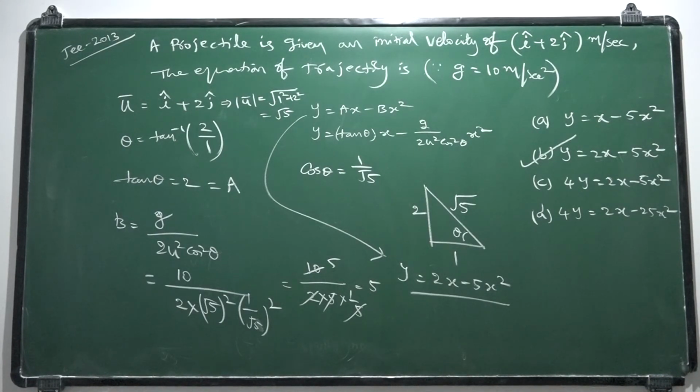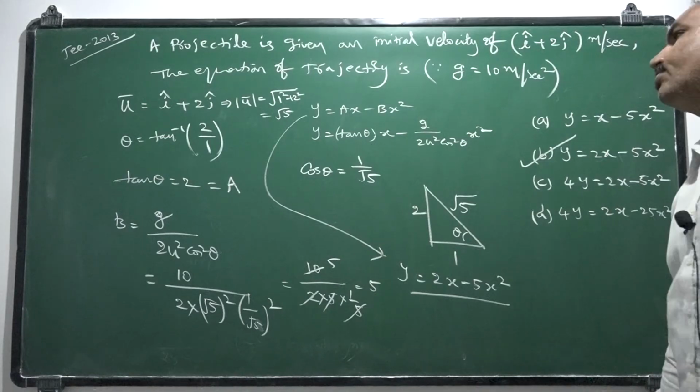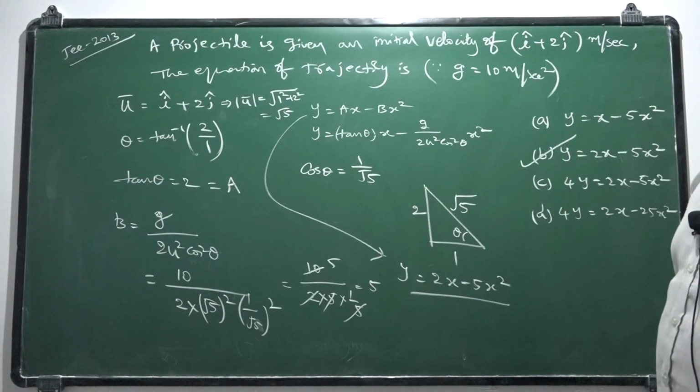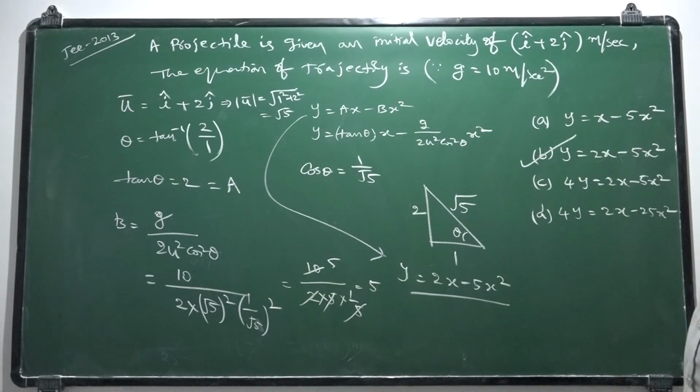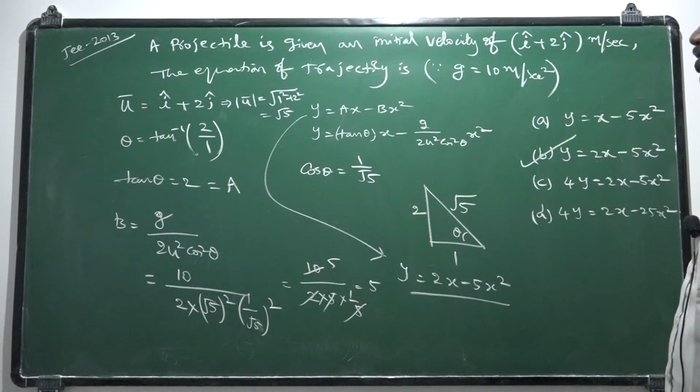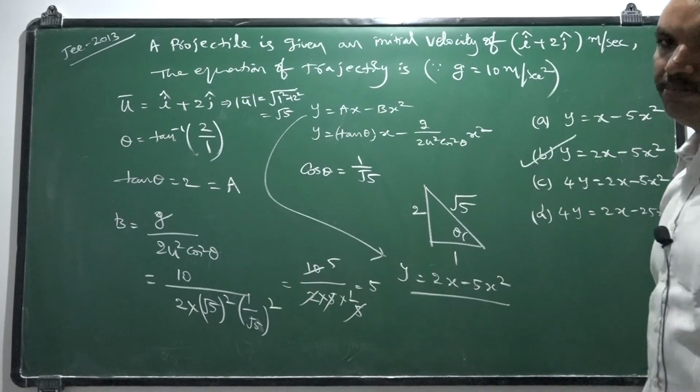We should have the knowledge of equation of trajectory, and also we should know the direction of a vector is given by tan theta is equal to y component by x component. By simplifying those given data, you will get the required result. This is very, very simple. You just go through the problem.